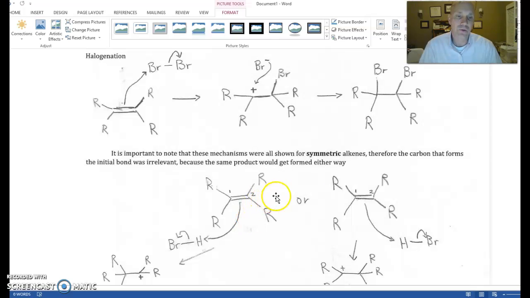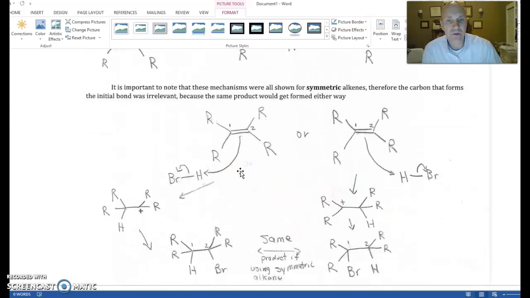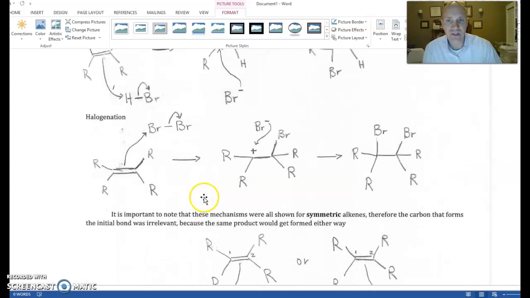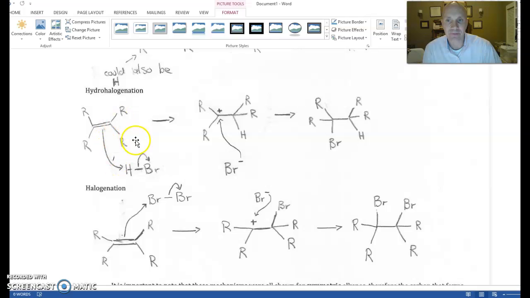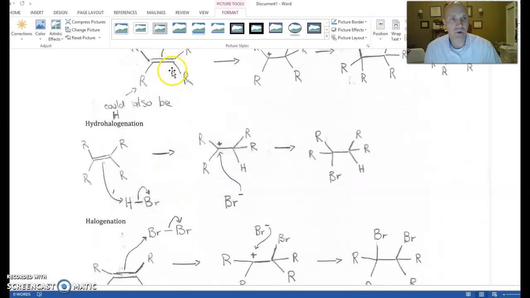So this is why this matters. What we need to realize is that in that first attack step, remember we had to form a bond between one of the carbons and that initial atom. When I was doing the mechanisms here, I just arbitrarily chose the right carbon.